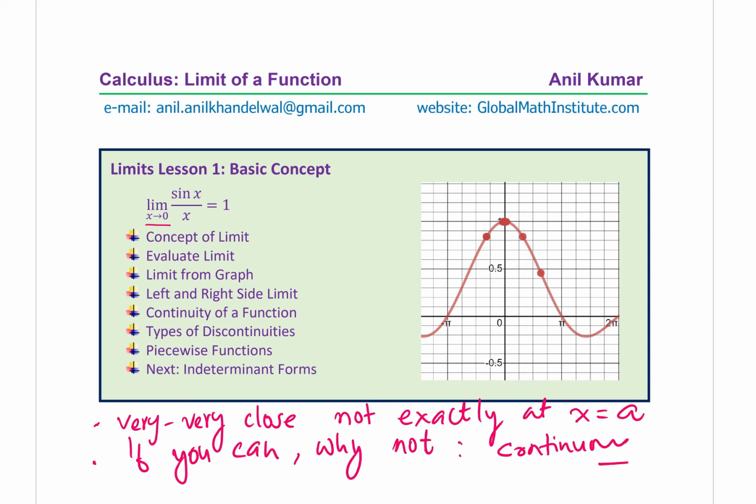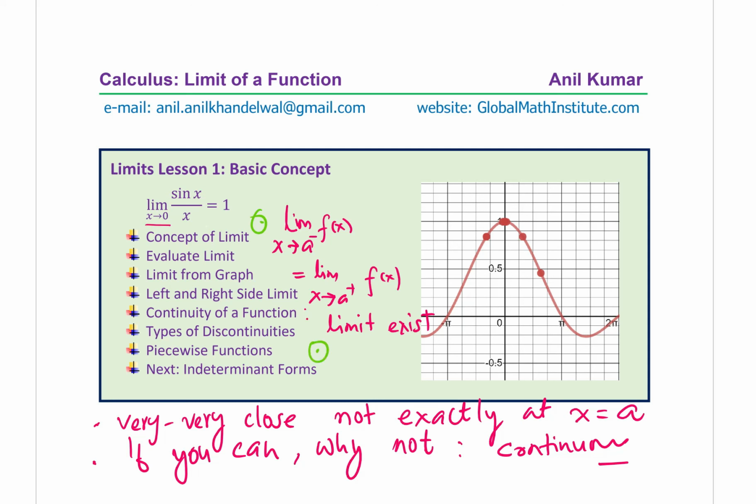Perfect. For continuous functions, we also learn one important thing, and that is that if the limit of the function when you approach a from the left side is equal to the limit of the function when you approach a from the right side, then the limit exists. So that is our first thing which we learn.